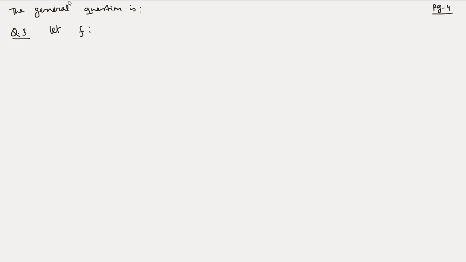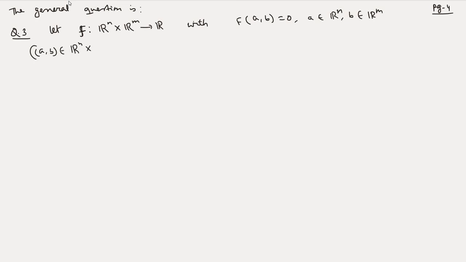Let F be a function from Rn cross Rm to R, this is capital F, with F of a comma b equal to 0, where a in Rn, b in Rm, that is a comma b belongs to Rn cross Rm.